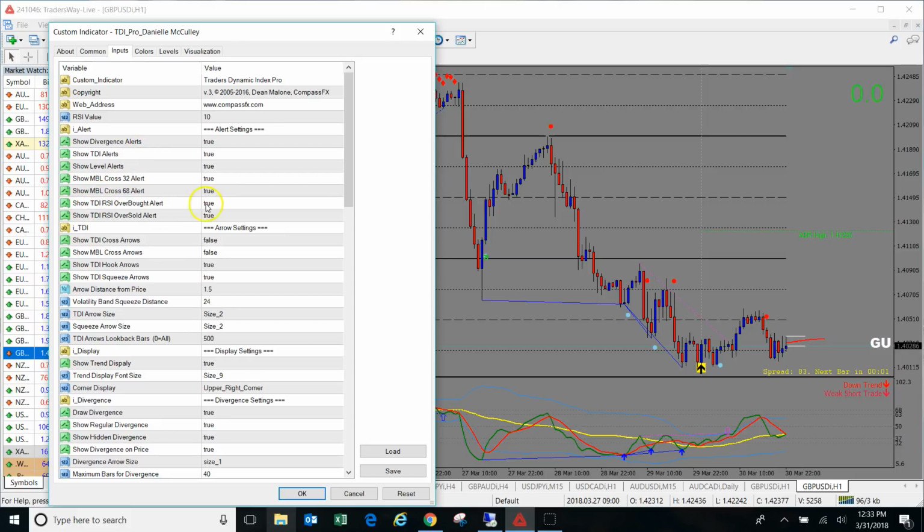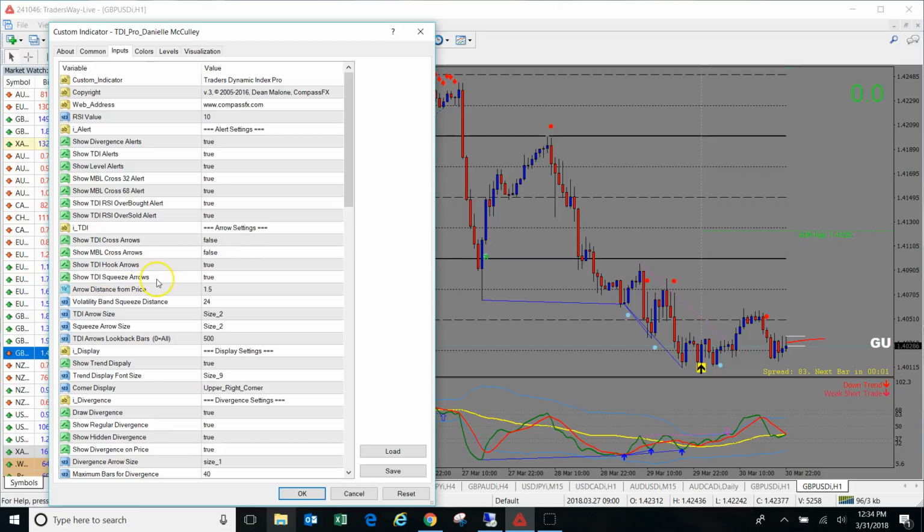The ones that I like are the overbought alert and the oversold. I like the MBL cross 32 and the cross 68. That's the market baseline, the yellow line. It alerts you when it's crossing the 32 or when it's crossing the 68. And another one that I like is the TDI hooks and the squeeze arrows.